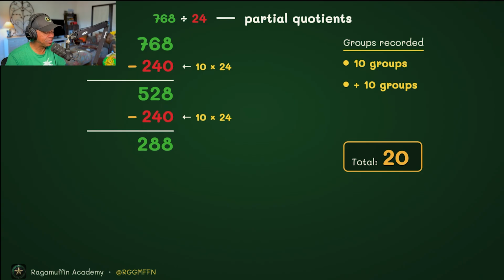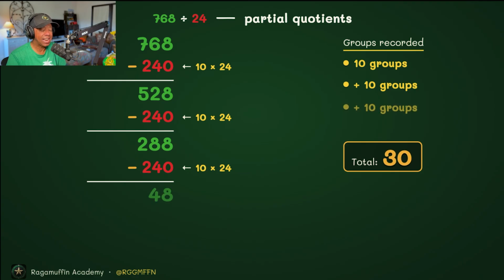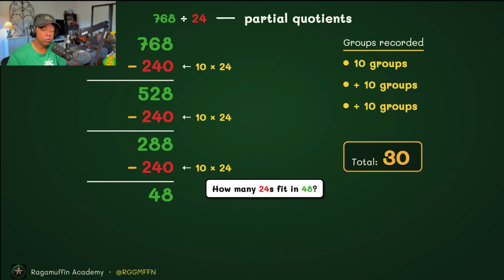Can I take another 10? 288 minus 240 is 48. Yes, I can. Now I have 48 left, and I've taken out 30 groups. The question now is, how many groups of 24 fit into 48?